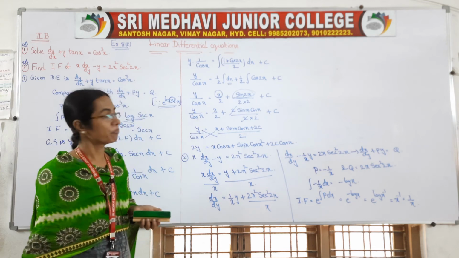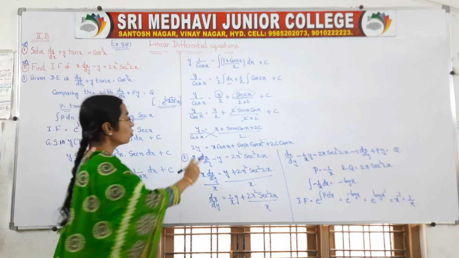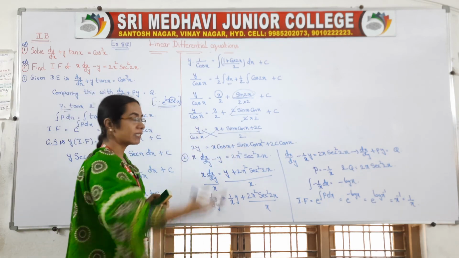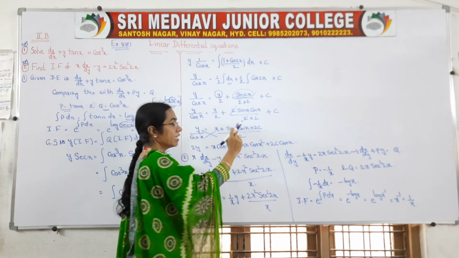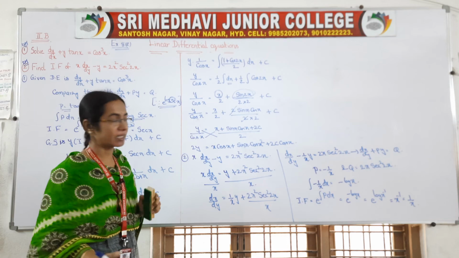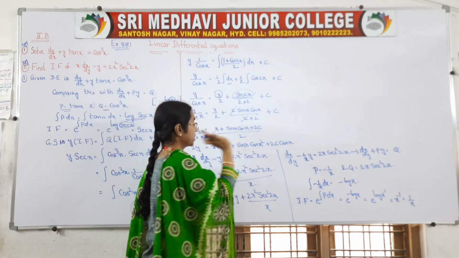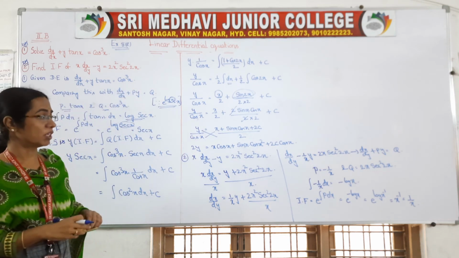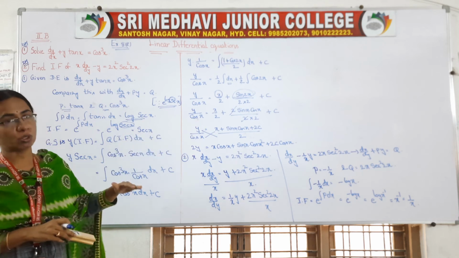Then you do the cross multiplication: 2y is equal to, sending cos x to that side, x into cos x plus sin x into cos x into cos x. So it is sin x into cos x whole square, plus 2c cos x. No further simplification is possible from this step onwards, so that is your solution.